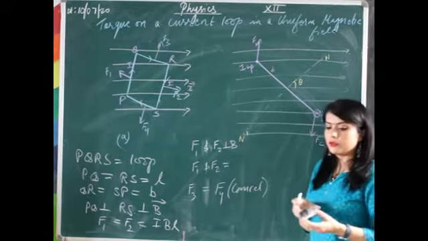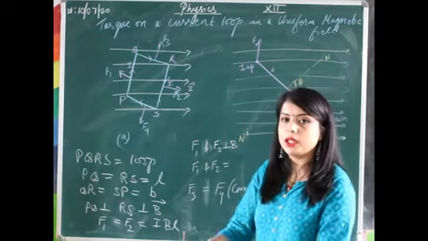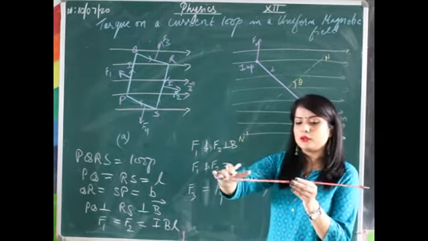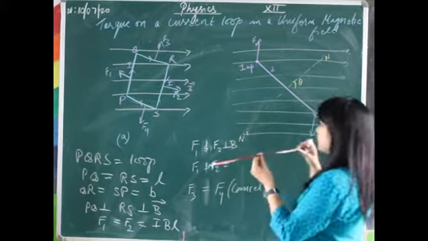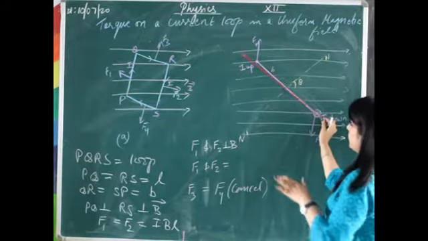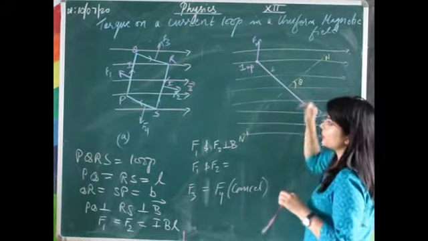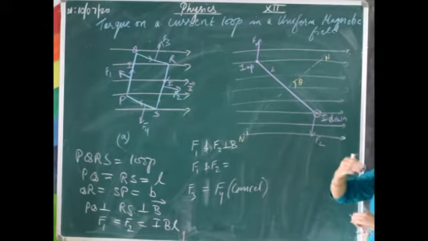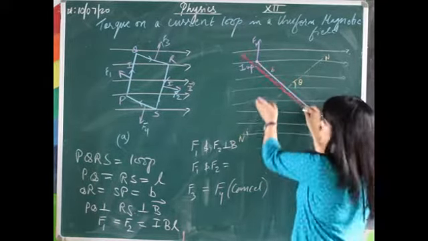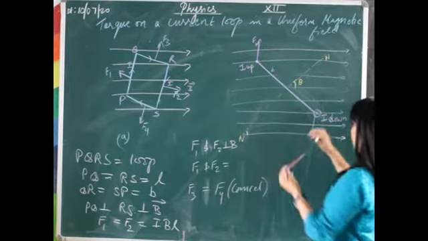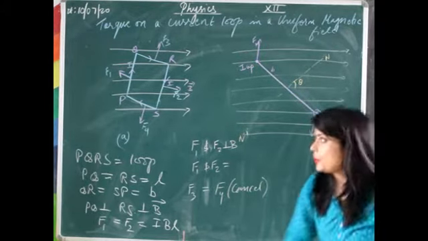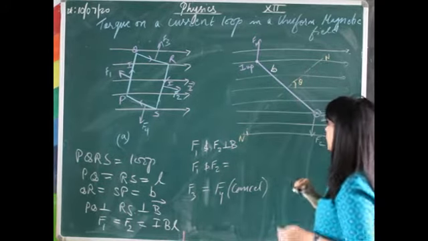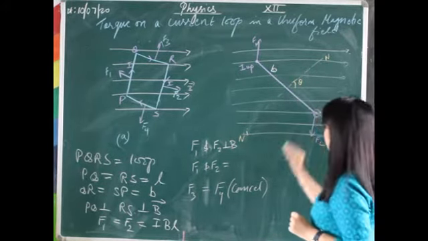So if you see the loop from above, then we consider the upper side of the loop to be like this. F1 is inward and F2 is outward. Just imagine this is a loop. So this side was considered to be B, and N and N dash.